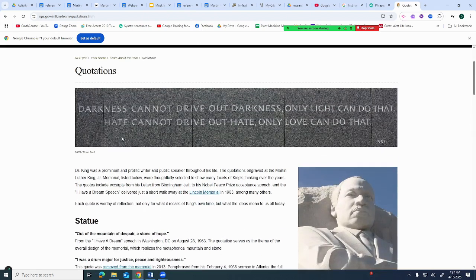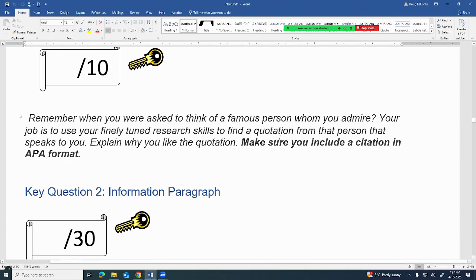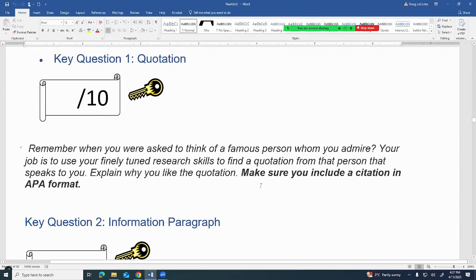Okay, let's say you want to use that quotation, you would simply transcribe that or copy it whole and put it into a short little paragraph there. It doesn't even have to be a paragraph. You would just say something like, the famous person that I admire most is Martin Luther King.